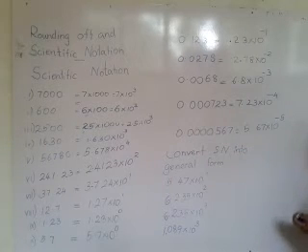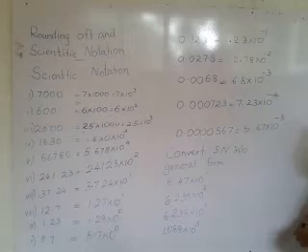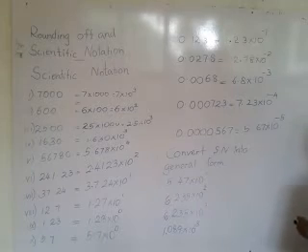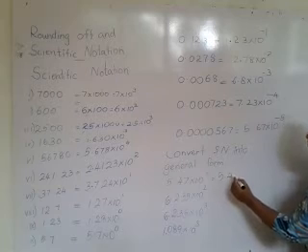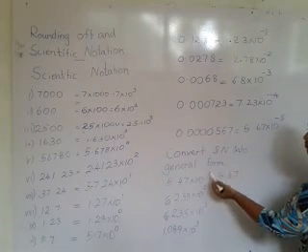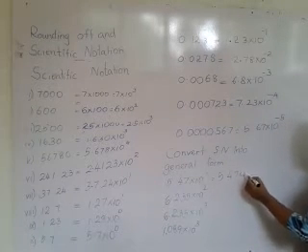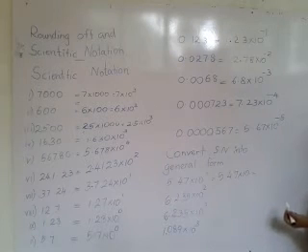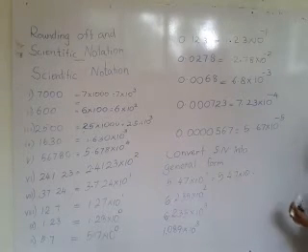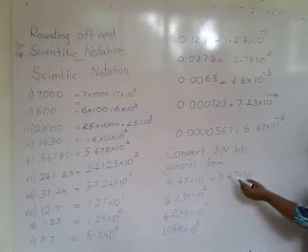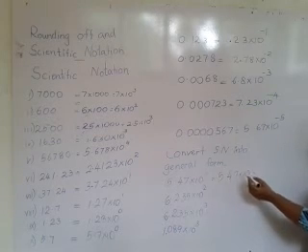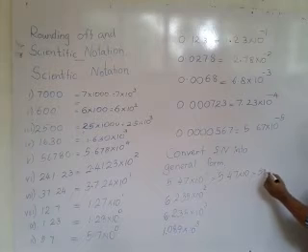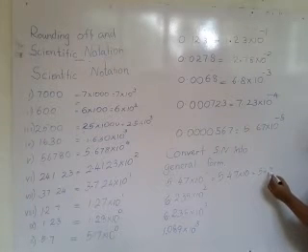Now convert scientific notation into general form. Here 5.47 10 power of 1 means multiply by 10. When 5.47 is multiplied by 10, we have to move the decimal. So 54.7.